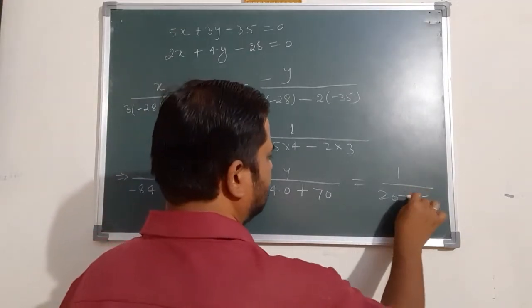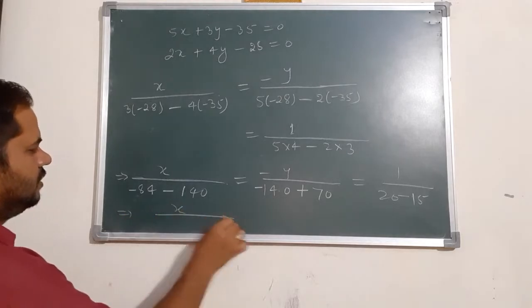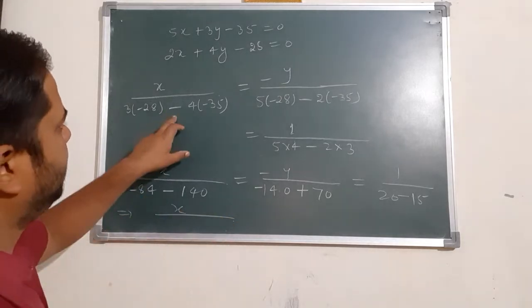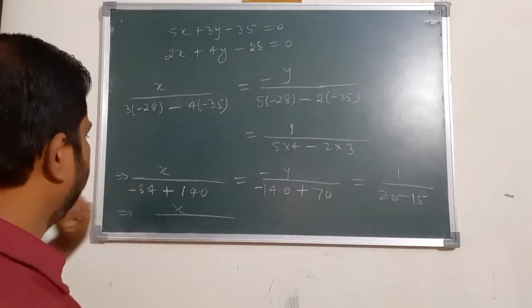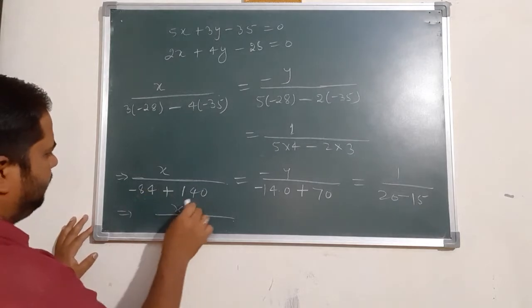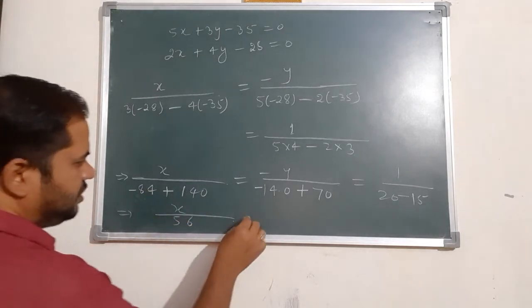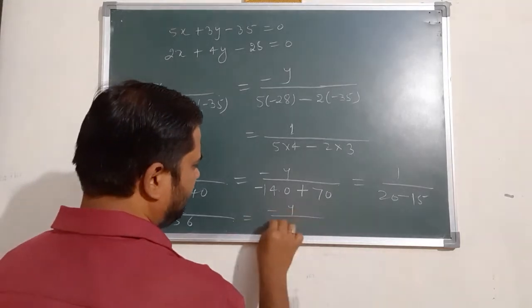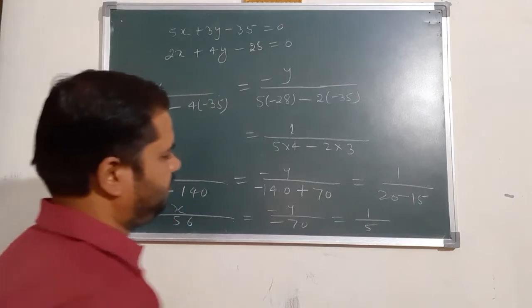So x upon, minus minus plus, 140 minus 84 is 56 positive, and this is minus y upon minus 70, and this is 1 upon 5.